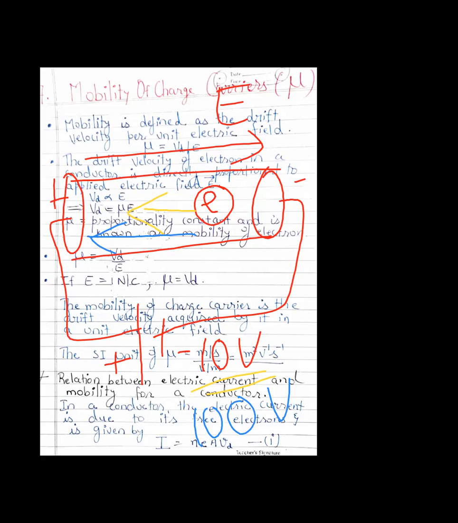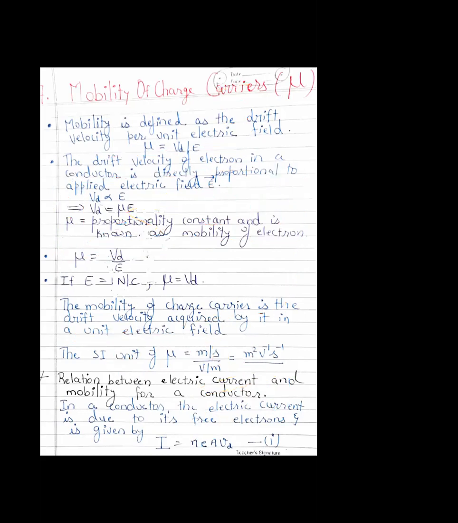As you increase your potential from 10 volt to 100 volt, your electric field increases, and the drift velocity with which the electrons drift towards the positive end also increases. So we can say that your drift velocity is directly proportional to the electric field.